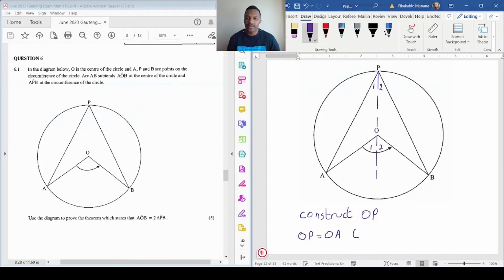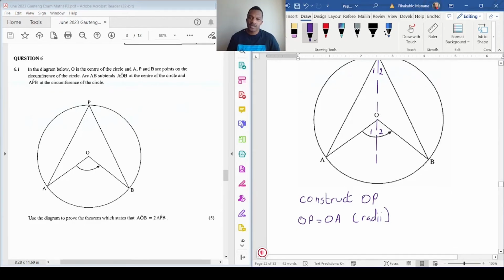Cool. Now what we can see now is that actually if you look at OP, it's equal to OA. And why is that? Because they are both radii. Okay, so that's the reason. Now, being both radii, we can also see that actually P1 is equal to A because of equal sides, equal angles.